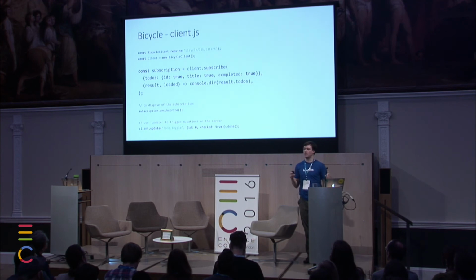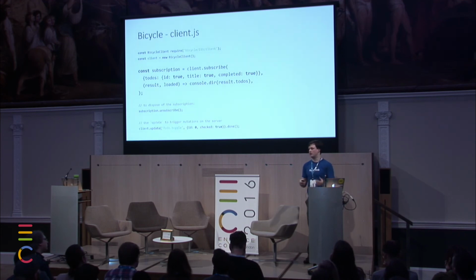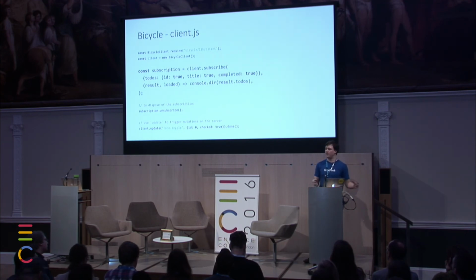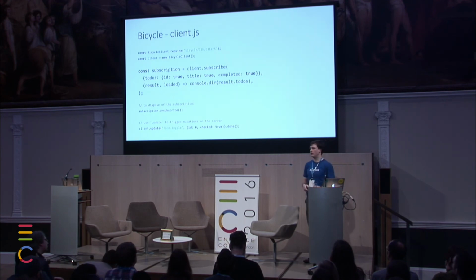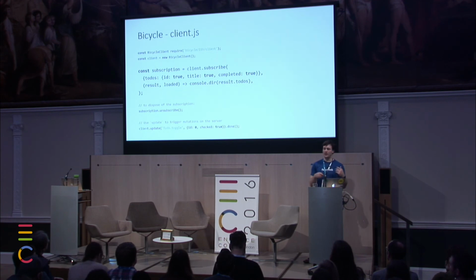There might be points at which it gets called when some of the to-dos have loaded but not others, or where some of the fields on some of the to-dos have loaded. Which means that we get that client-side behavior of rendering whatever we have so far. So we get to render the parts of the application we have loaded and render loading spinners for the rest. And then once the new data comes in, we'll automatically re-render.